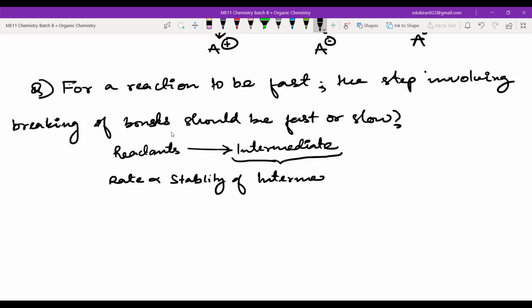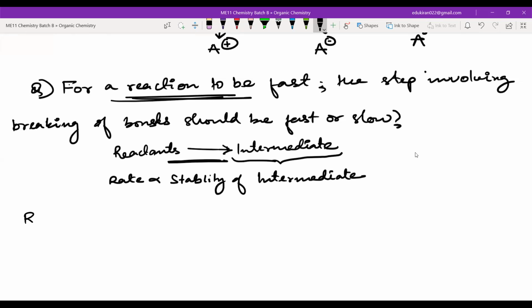Yes or no? Yes, sir. If my intermediate is stable, that means this reaction can happen more easily and more fastly with a lesser amount of energy. And if this reaction is happening more fastly, then our complete reaction, reactant to product, will also be more fast.